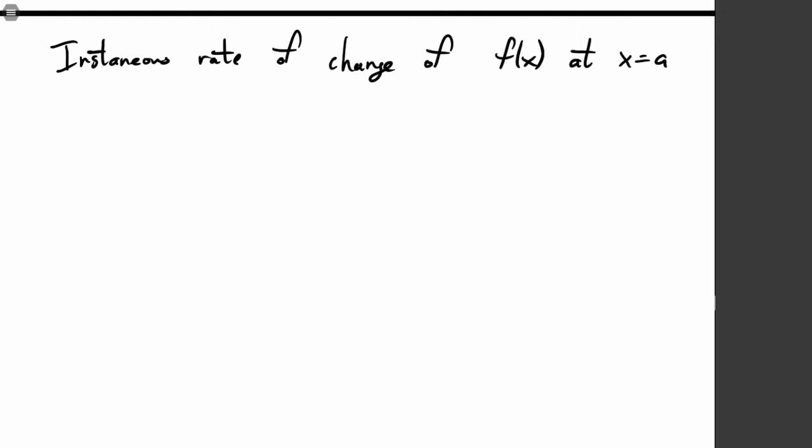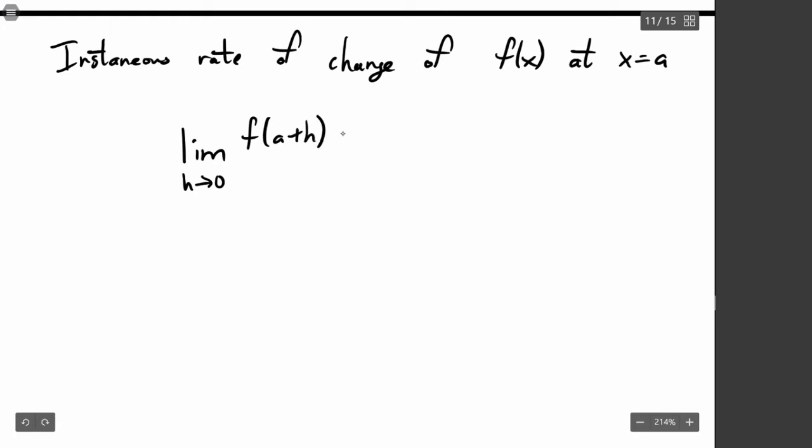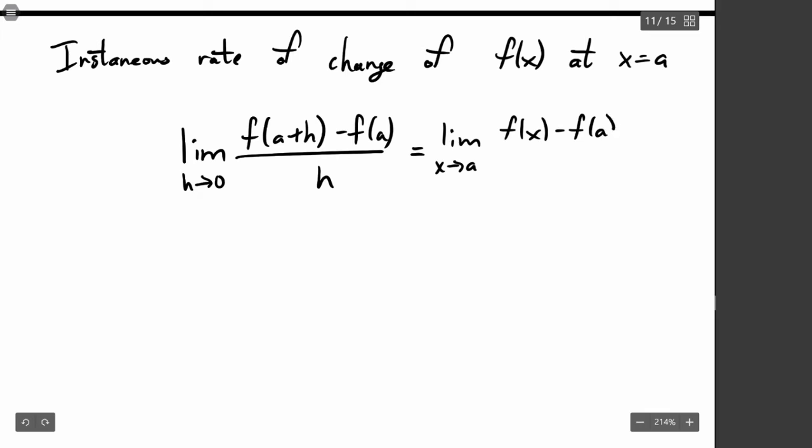So again, whichever way we're doing this, whichever definition we use, whether it's the h goes to 0 definition of f of a plus h minus f of a over h, or whether we're using the other definition, which is the limit as x approaches a of f of x minus f of a over x minus a.